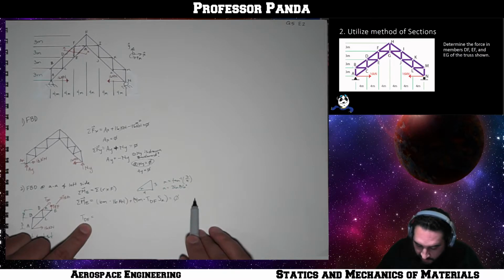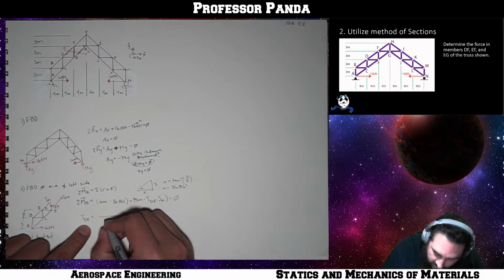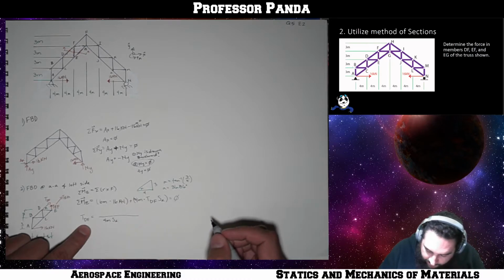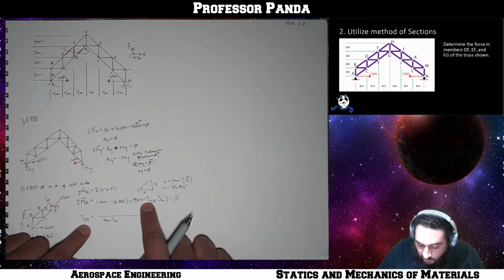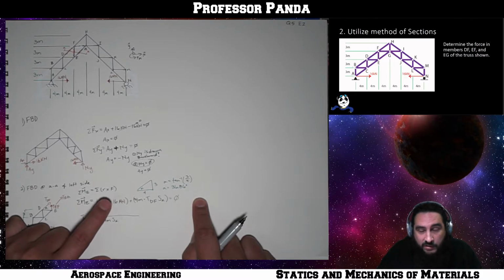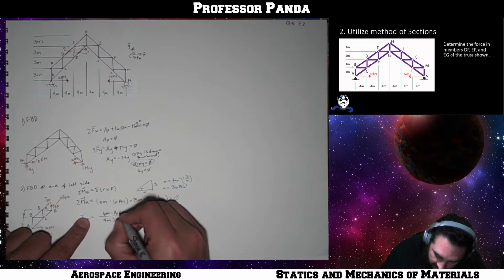So when I go to the right-hand side, I'm going to divide that off here, 4 meters sine of alpha. Since this term went to the right-hand side, this term didn't move, so it remains the same. It's positive still. So 6 meters times 16 kilonewtons.